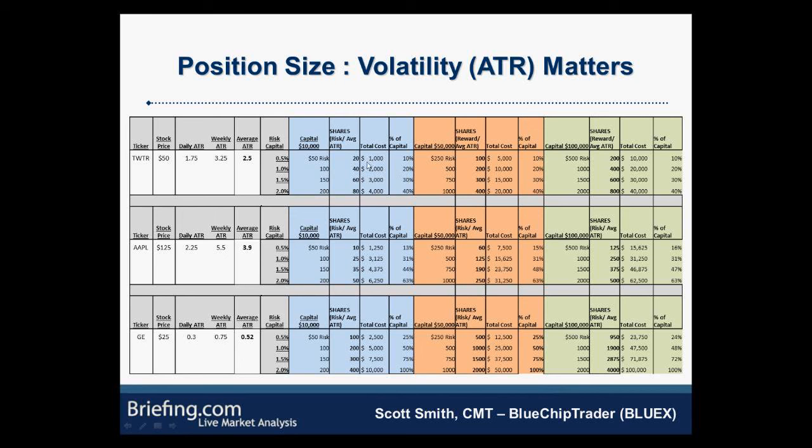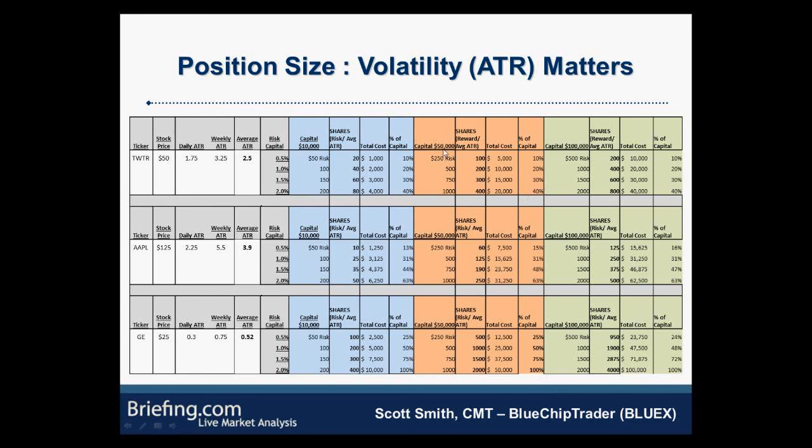If you have 50,000 in capital, and you say you're willing to risk 2% on each trade, which is $1,000, you can take the risk of 1,000 divided by the average ATR of 2.5 and get 400 shares, which would be about 40% of your capital. Now notice that obviously the bigger risk you're taking and the larger size you're taking, you're also risking a larger percentage of your capital.